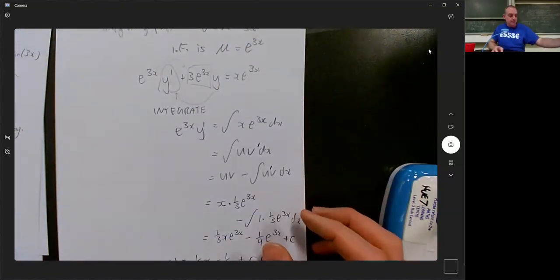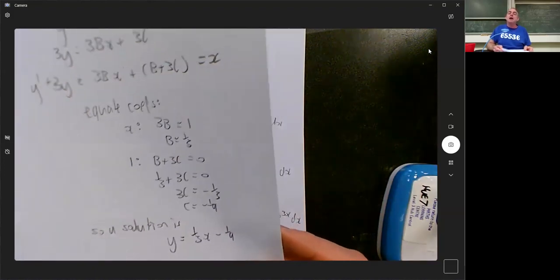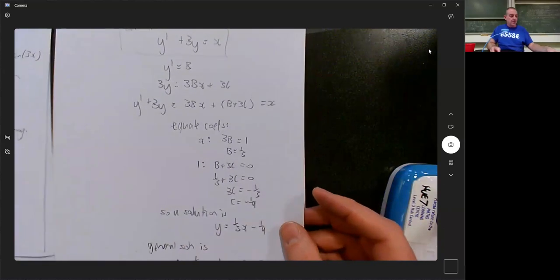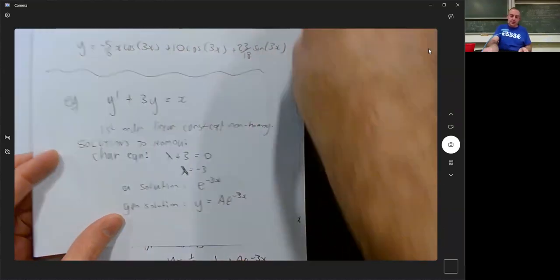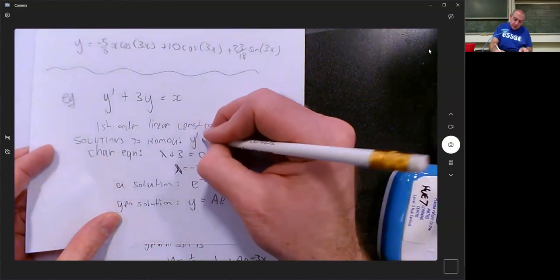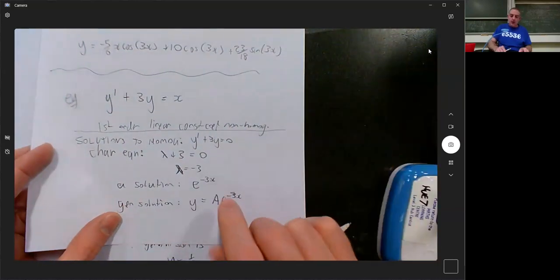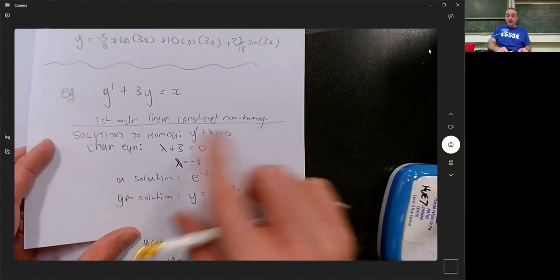And I will say that in second year differential equations for engineers, the one with the 0 here, so the homogeneous equation y dashed plus 3y equals 0, they don't even show the working for this.